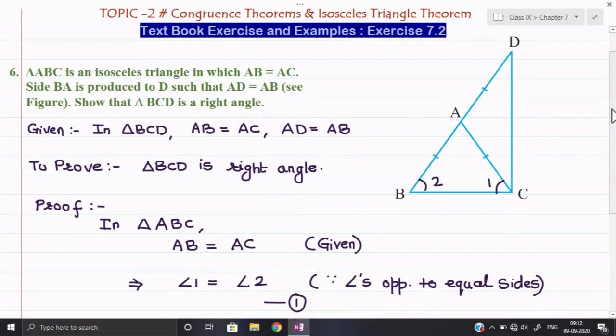In this triangle AC and AD are equal, and if I mark this angle as angle number 3 and this angle as angle number 4, observe, angle 3 and angle 4 are opposite to AD and AC. If I ask you the angle opposite to AD, your answer will be angle number 3, and if I ask you the angle opposite to AC, then the answer will be angle number 4.